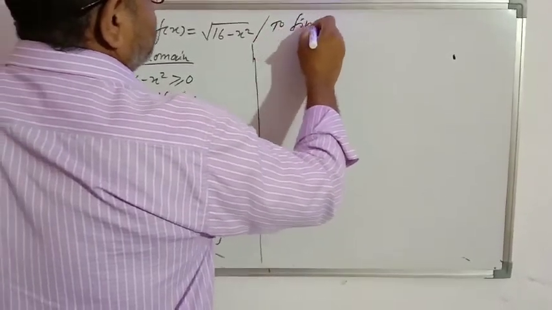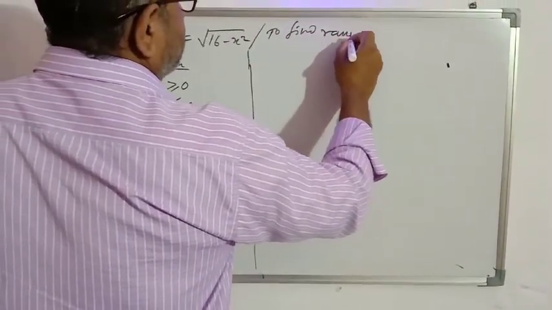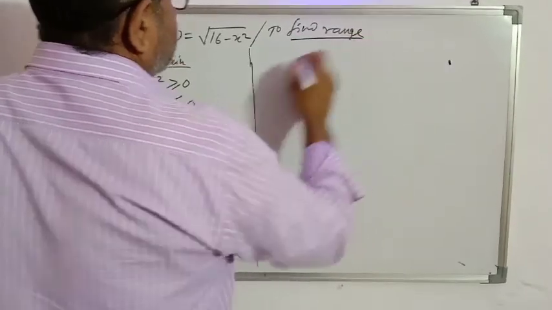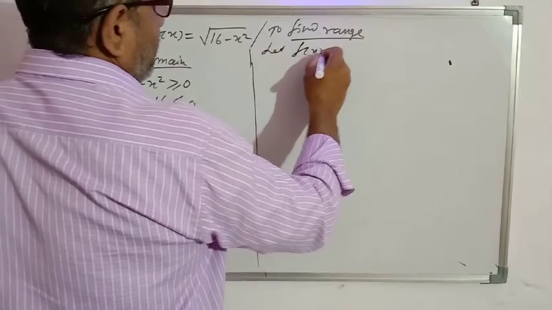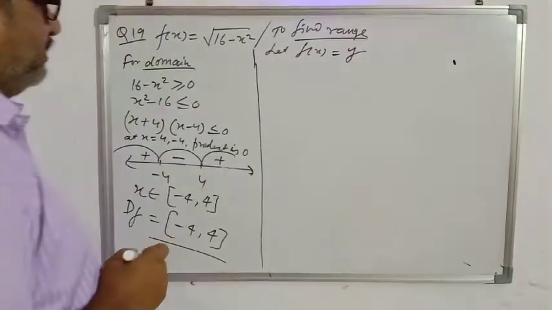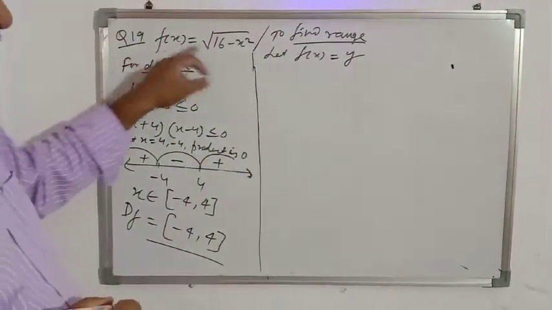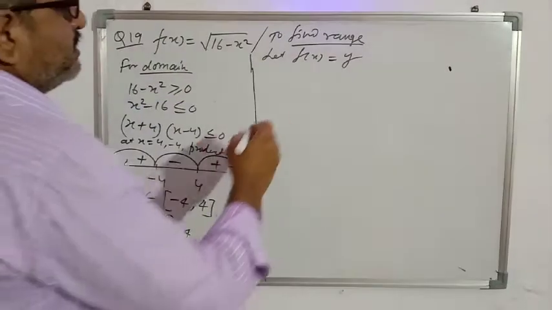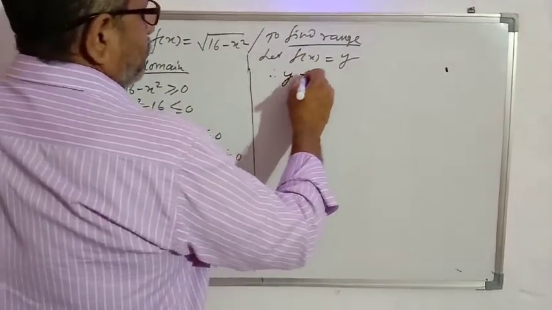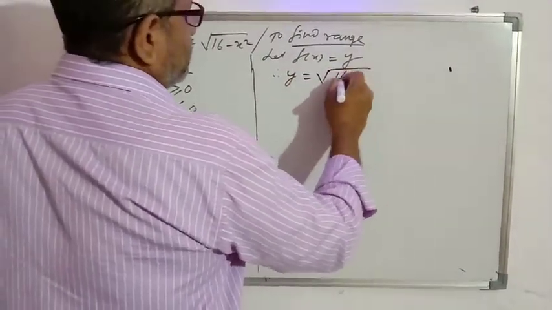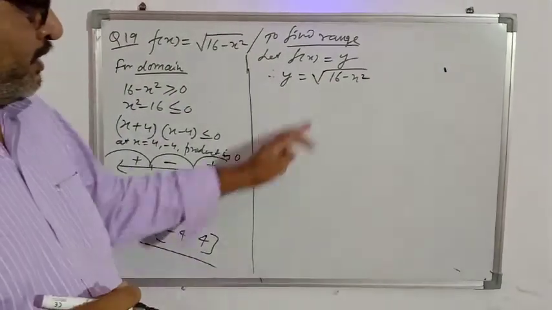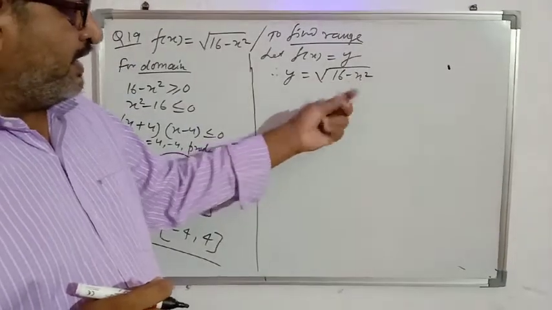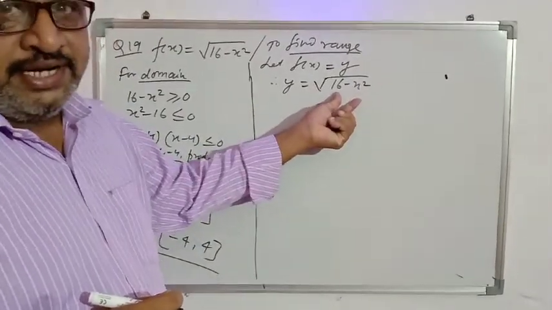To find the range, again we will suppose let f(x) is equal to y. f(x) is the range. So y is equal to the square root of 16 minus x squared.